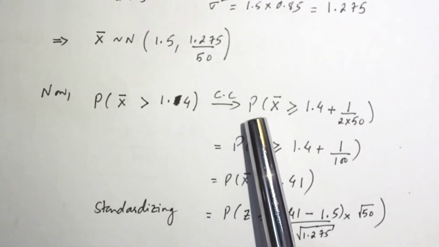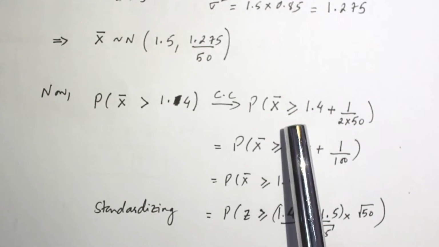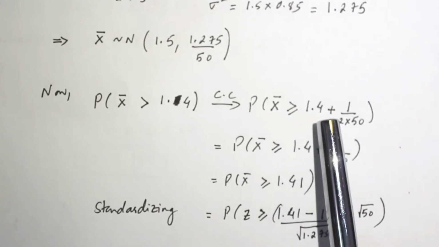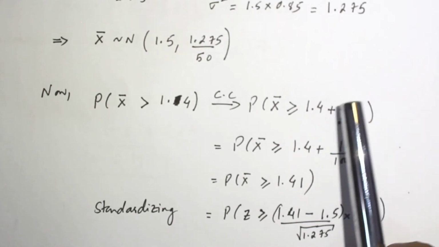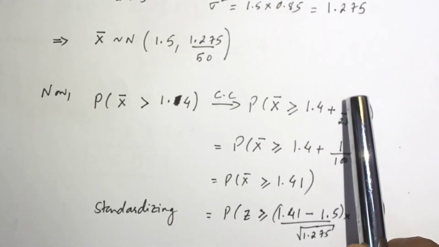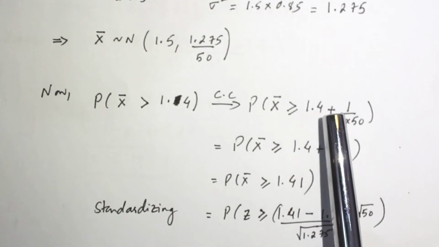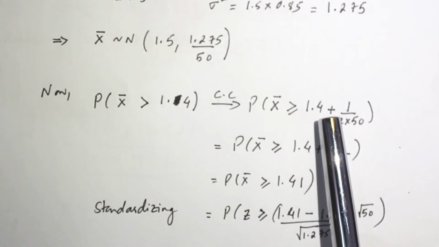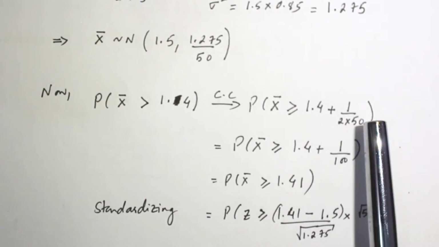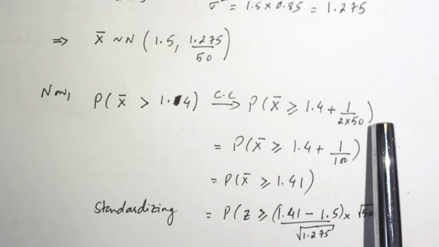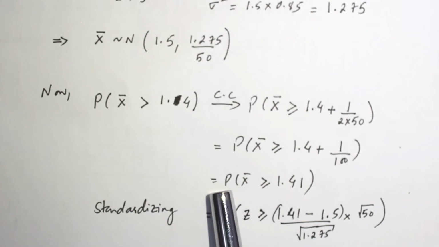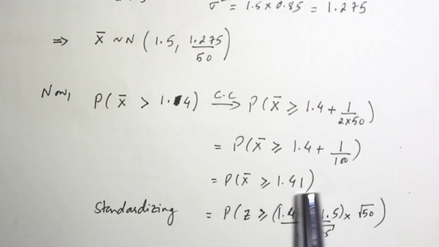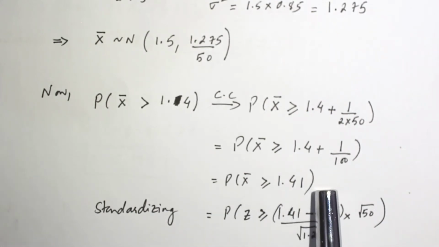So then P(mean) has to be greater than or equal to this one, 1.4 plus this factor here. This factor here is the continuity correction term. Okay, and the continuity correction term is given by 1 divided by twice of n. So if you look at this carefully, you have P(X) is greater than or equal to 1.41.